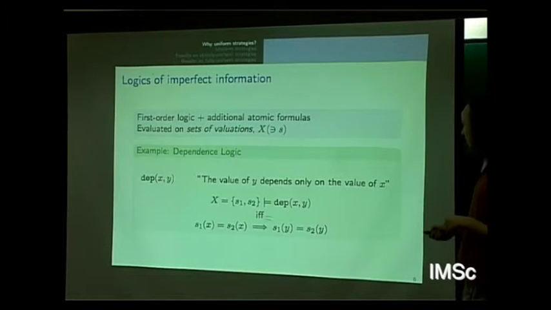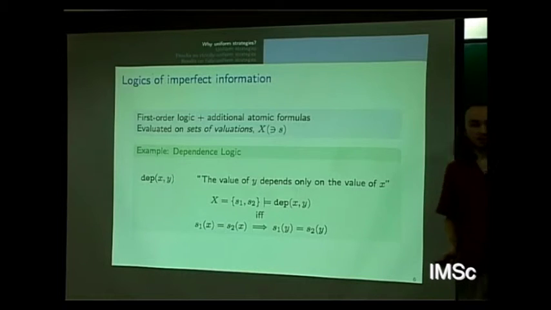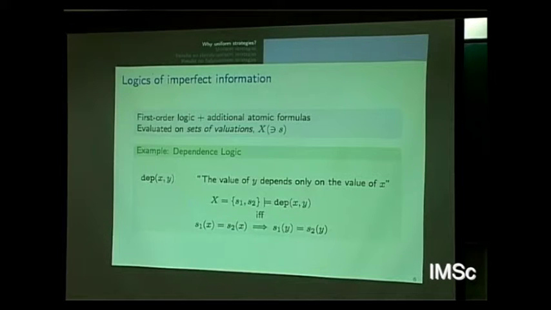And for example, if your team is made of two assignments, S1 and S2, this team will verify this atomic formula if whenever two assignments give the same value to X, then they also give the same value to Y. So this tries to capture the idea that the value of Y is determined by the one of X. When X has the same value, Y also has the same value.